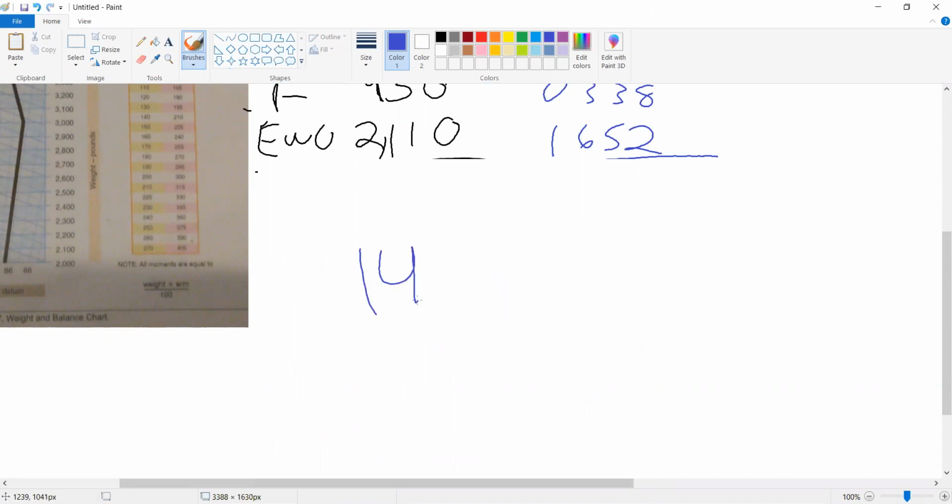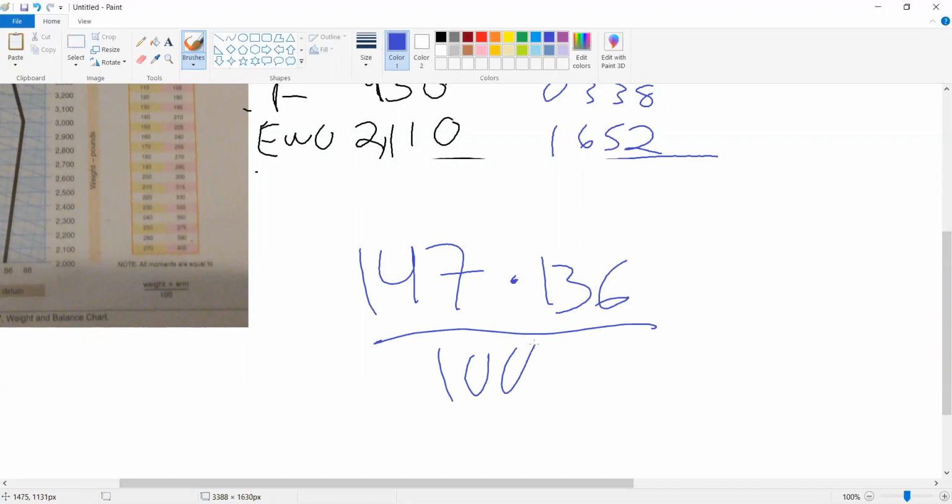So we have 147 times, in this case, we're talking about the aft, so we multiply by 136 over 100. That should give us our answer. Yes, that sounds better.